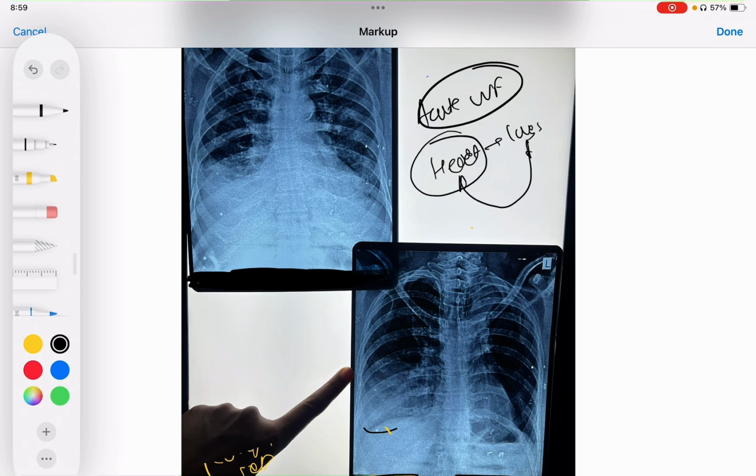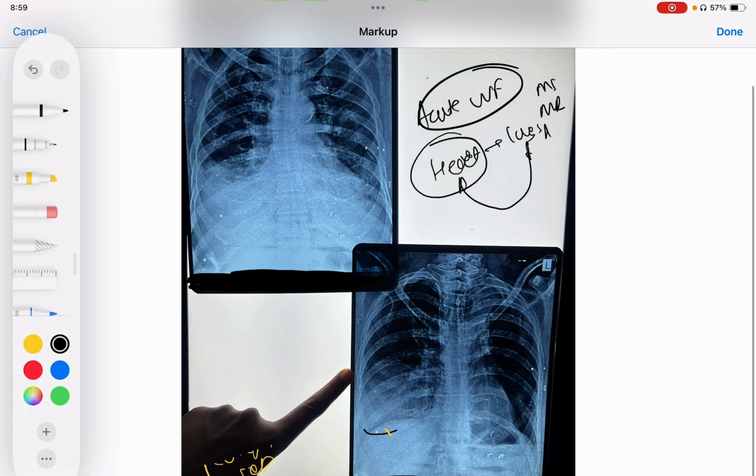So if the patient has left ventricular failure or left-sided failure, it can be mitral stenosis, mitral regurgitation, aortic stenosis, aortic regurgitation. It can be myocardial infarction or any left-sided pathology. So the left ventricle will fail.